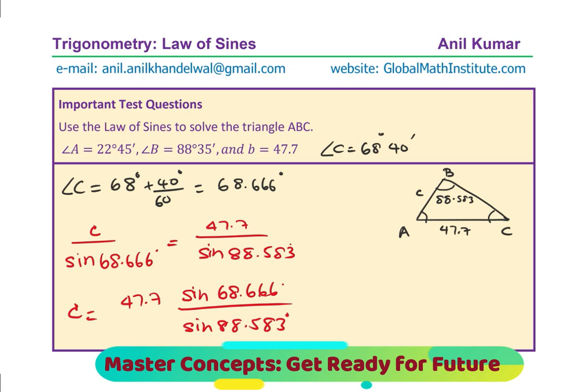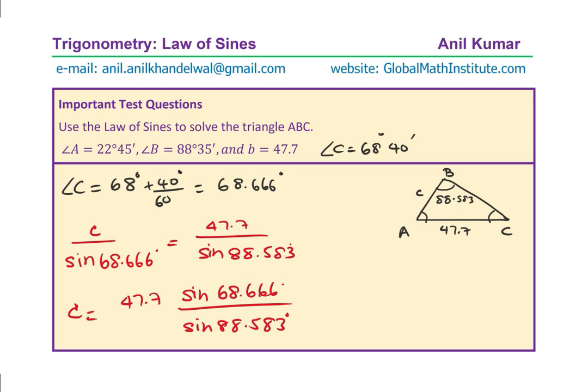Let's calculate this answer, which is 47.7 times sine of 68.666 divided by sine of 88.583. That gives us 44.44. So we get the side c as 44.44.